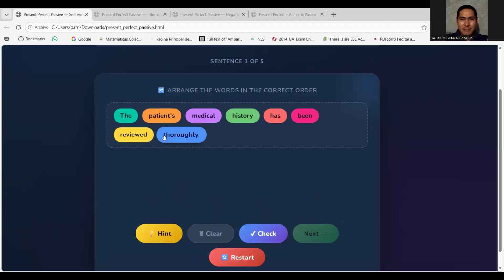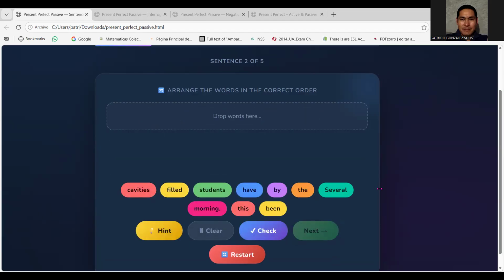Yay! Then it is thoroughly, it is completely. And we check it. Yay, Joan.